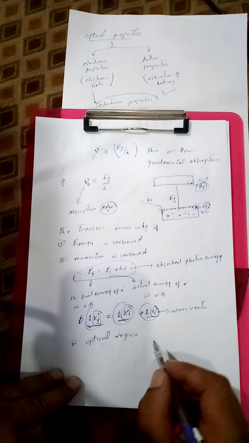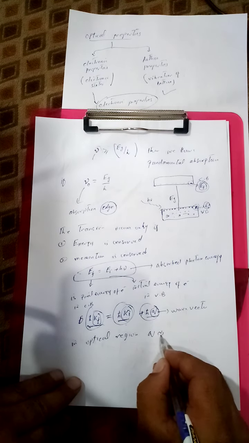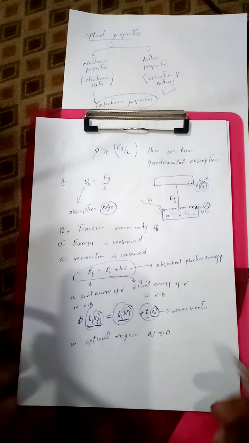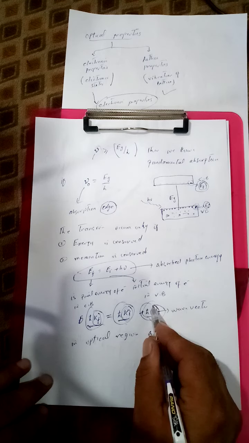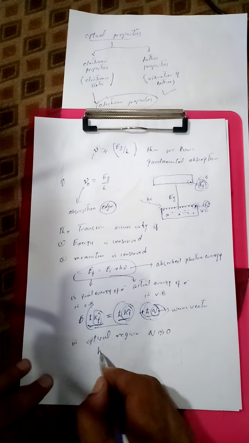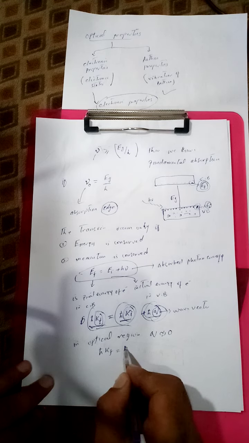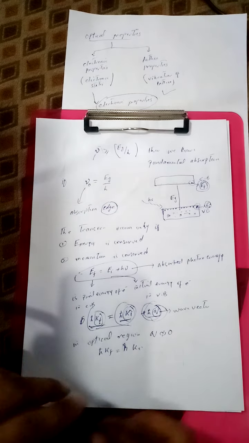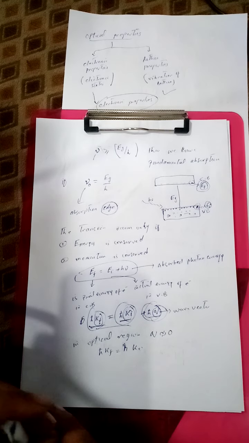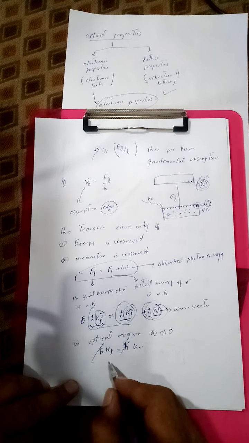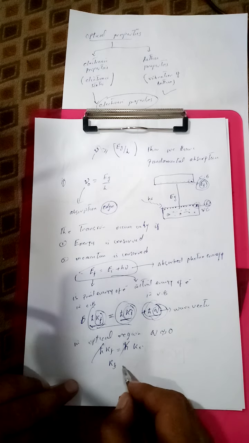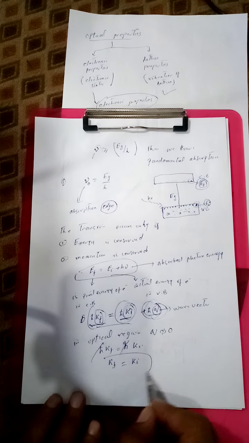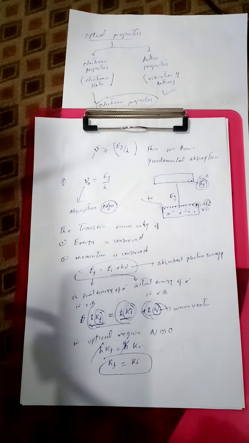While in the optical region, q is approximately equal to 0. It is negligibly small, so we can neglect this value here. So we are left with h bar kf is equal to h bar ki. This is another condition for the absorption. h bar cancels with h bar, so the momentum of the electron in the conduction band is equal to the momentum of the electron in the valence band. Then we have a transition from the valence band to the conduction band.